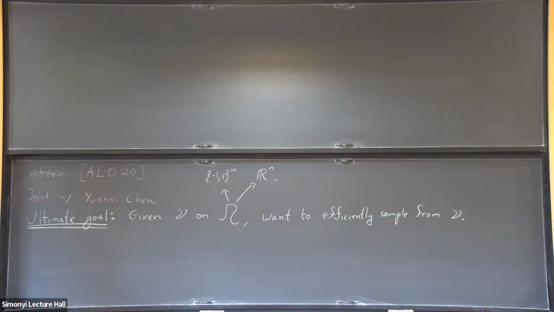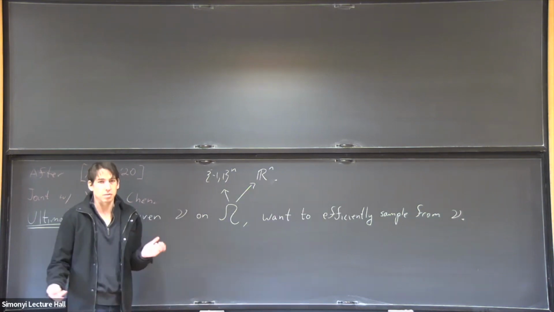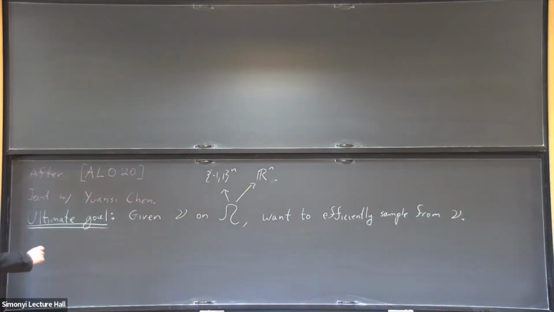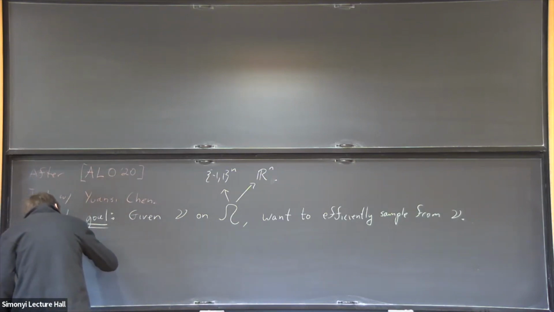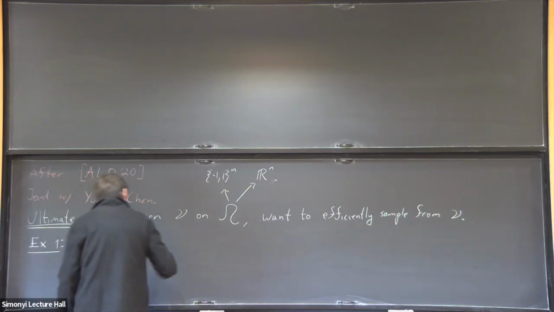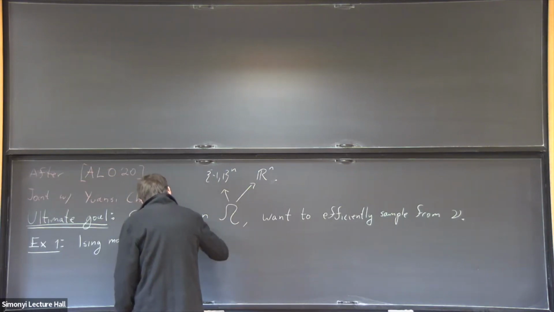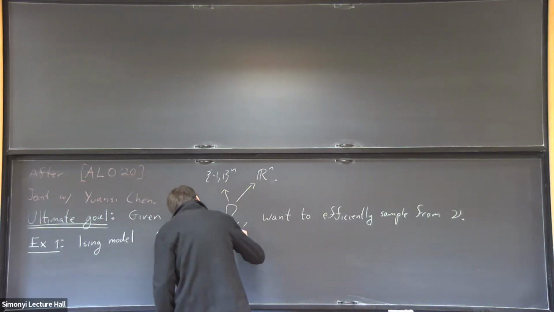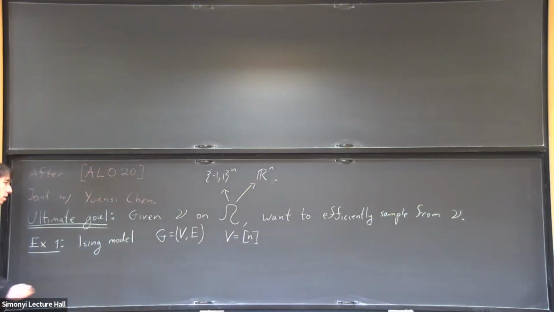So this is what we'll be interested in, and to get you into business, let me start from some examples of such measures that we might be interested in. The first example is what's called an Ising model. We have some graph G, and we think of its vertex set as just the numbers 1 to n.